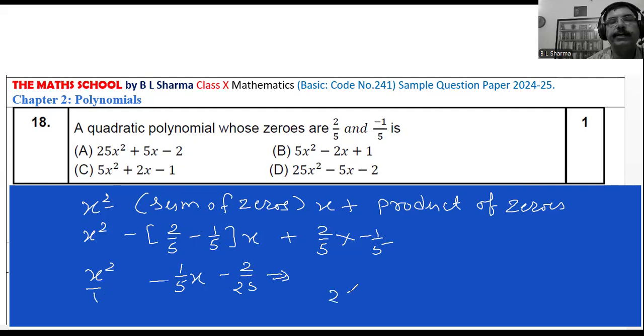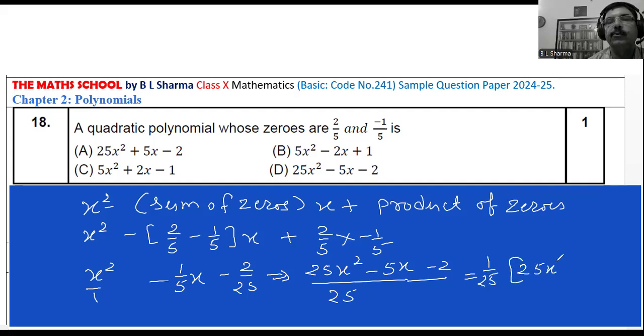Take 25 LCM. 25x square minus 5x minus 2. देखिए ये 1 by 25 ये मायना रखता नहीं. You can also write 25x square minus 5x minus 2.